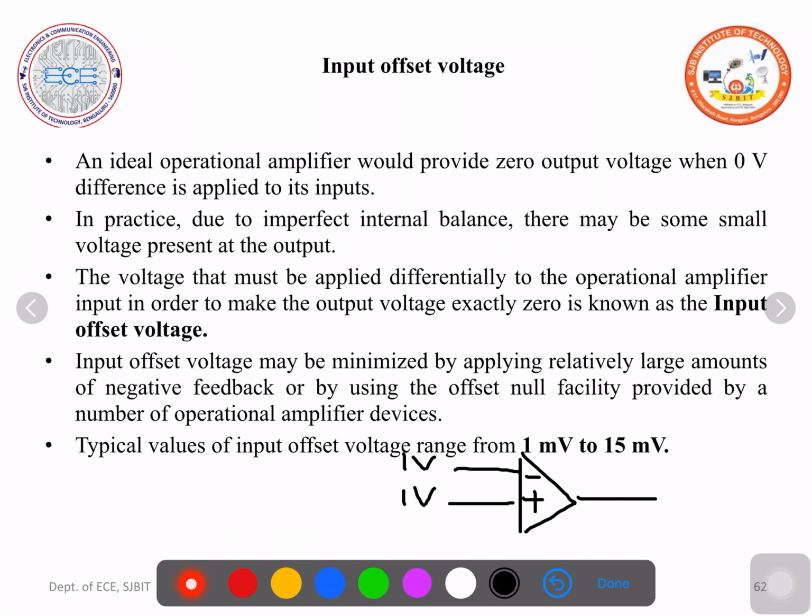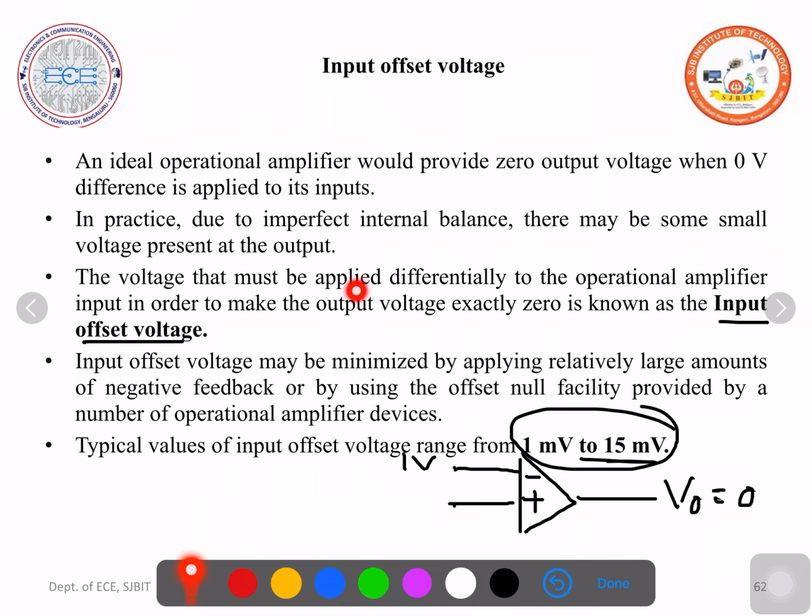Then to make the output voltage 0, we apply some voltage, for example 1 millivolt to 15 millivolts. So the difference here, we apply the voltage 1 millivolt to 15 millivolts to make the output voltage perfectly 0. So this voltage is called the input offset voltage.